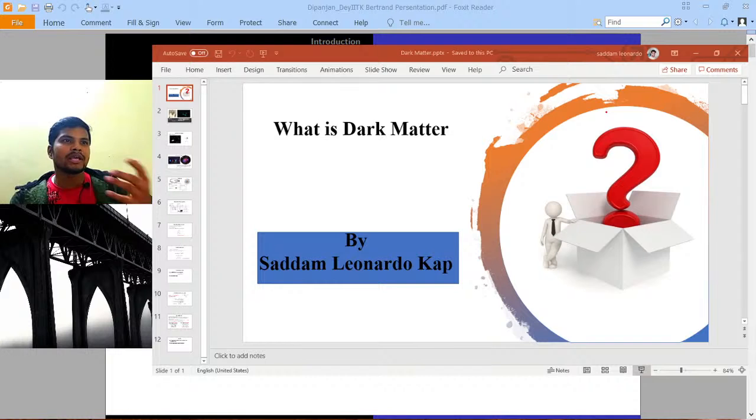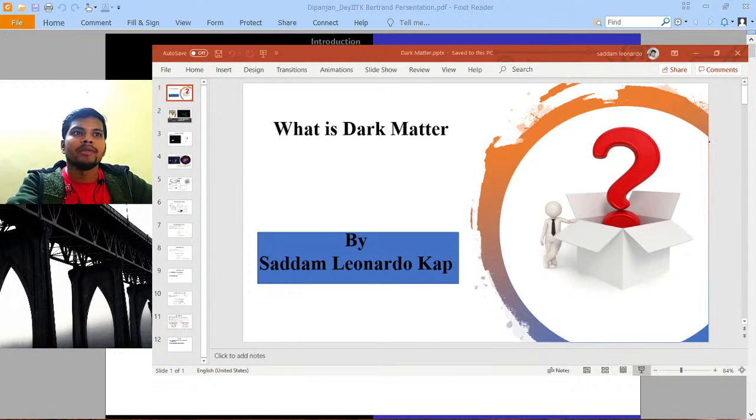We can also calculate the mass of this halo for our Milky Way, because we know the mass of our Milky Way. Here is the sun, and here are some stars, maybe all the nearby stars, and we try to understand the velocity of these.